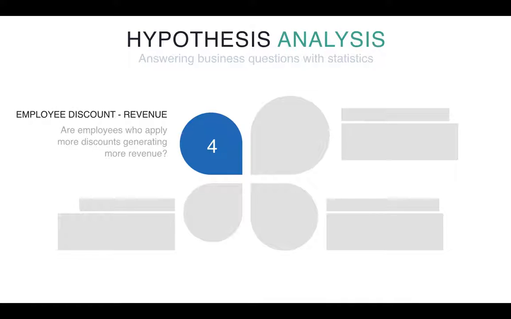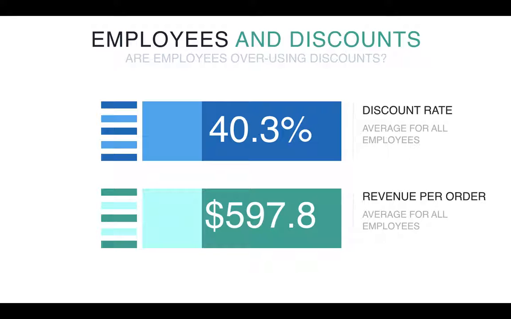Then lastly, we looked at employees who are relying on more discounts on their sales, and to see if they're in fact generating more revenue for the company. We looked at the average discount rate for all our employees, and we can see that on average all employees are applying a discount to about 4% of their orders, and the average revenue per order for all of our employees is $597.